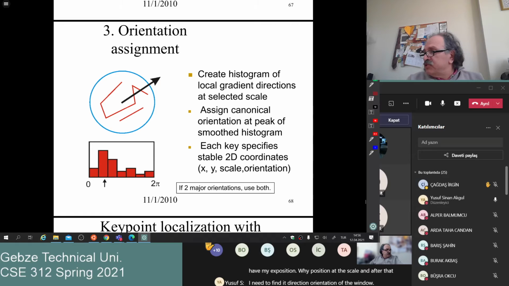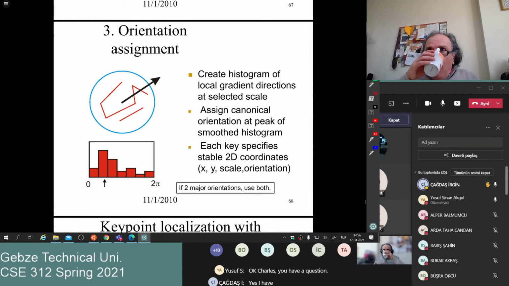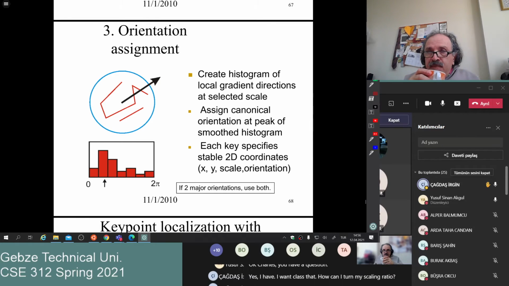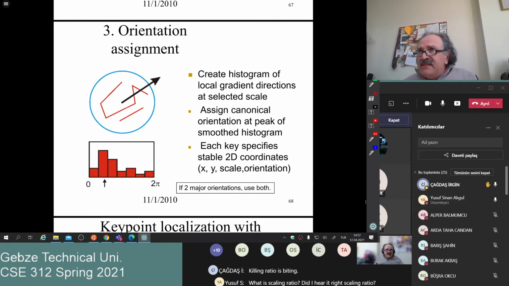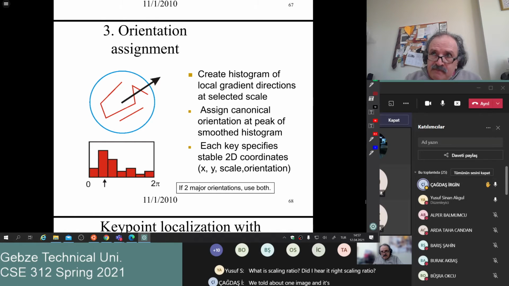Okay, Çağdaş, you have a question? Yes, I want to ask how can I determine my scaling ratio? What is scaling ratio? We talked about one image and it scaled into another version of it. But what is the scaling ratio?